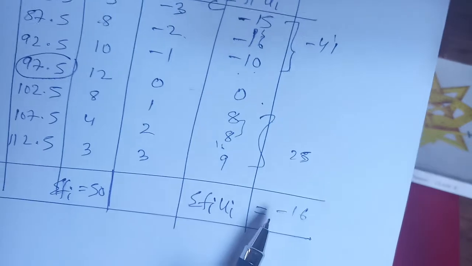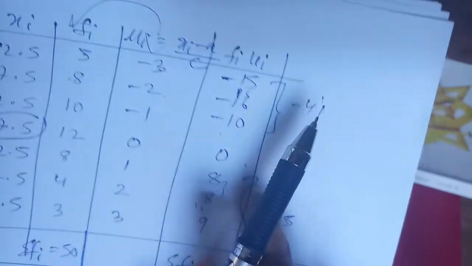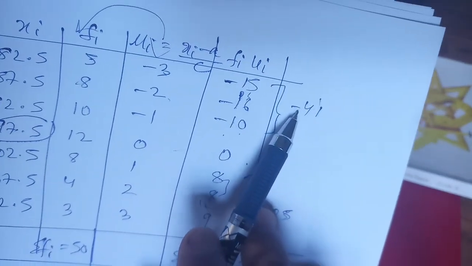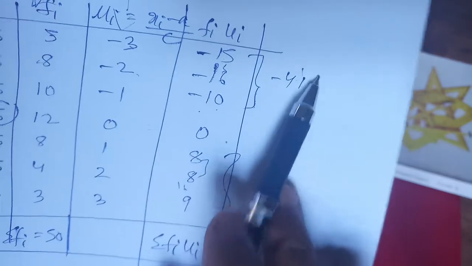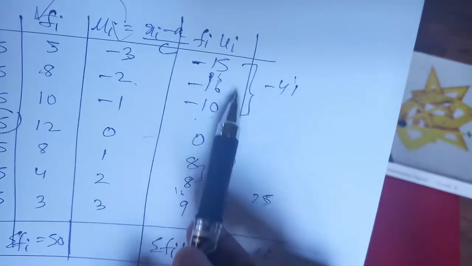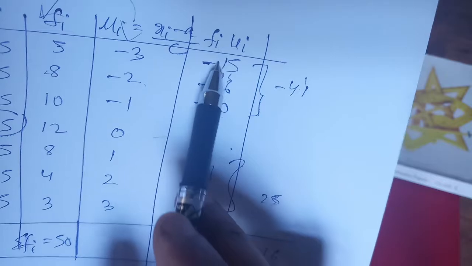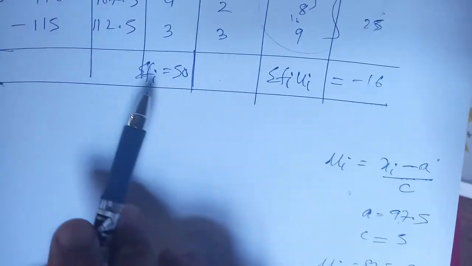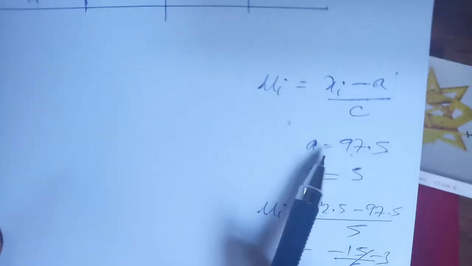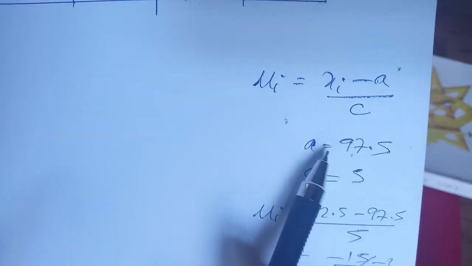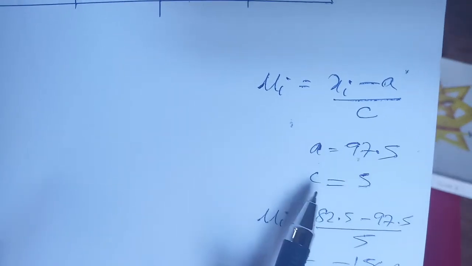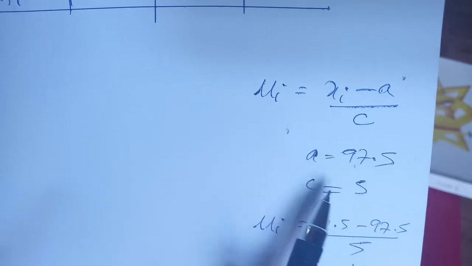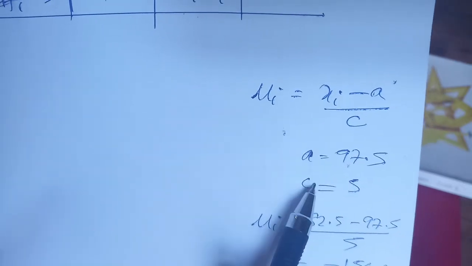Why did you get minus 16 here? Because minus 41 is a bigger number and it will carry the sign of that bigger number. Minus 41 plus 25 is minus 16. This added all minus, this added 25, and again these two because you have to add everything. So now you have got summation Fi Ui and summation Fi. You know the value of A, that is your assumed mean, and you know the value of class size C. Sometimes you can take this as small d also.